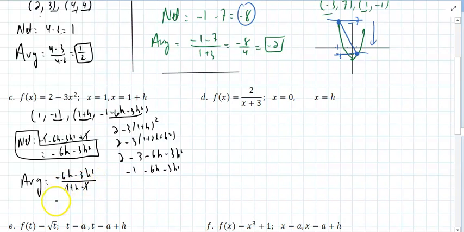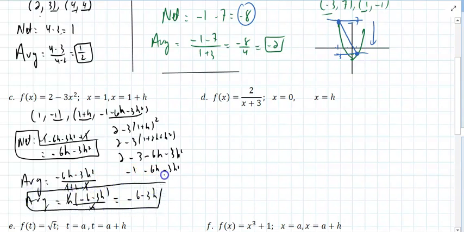If I factor an h out of the top, those cancel out. And my average would be negative 6 minus 3h. That's an expression because they didn't give us a value. They tell us where h is, plug in h and you'll get the answer.